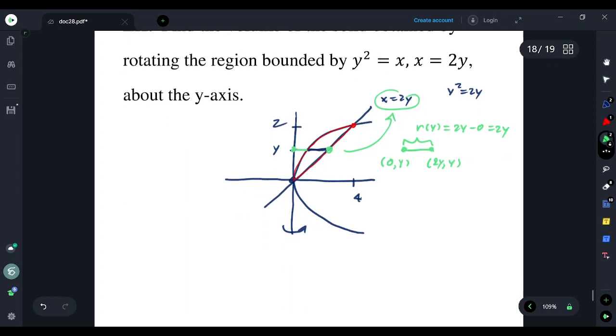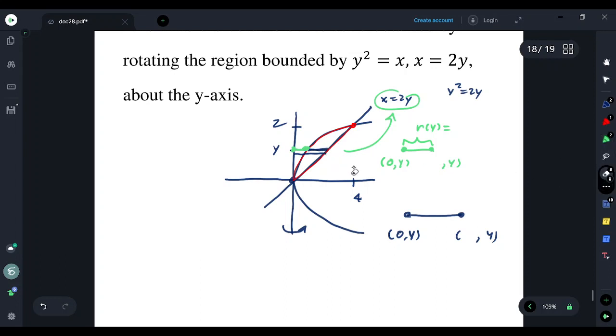And then what about the larger radius? Sorry, I misunderstood. For the small radius, it is not on the line. It has to be a point on the parabola, not on the line.